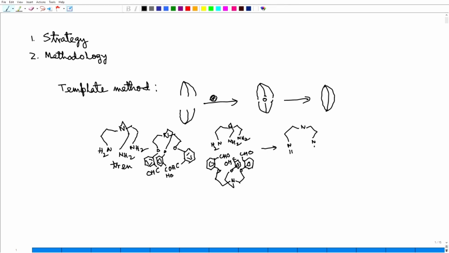They will form a double bond, and here also. Maybe on this side I will put it, it will be easier.